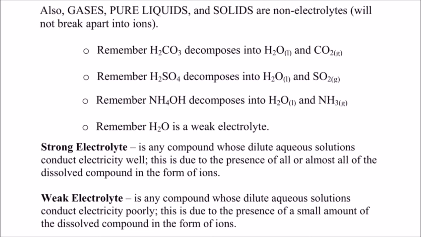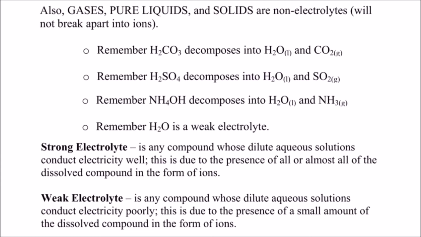And then these right here, remember when we did our predicting reactions, we had a couple of acids that I told you to watch out for because they'll decompose into secondary products. Remember those. If you have carbonic acid, it's going to decompose into a pure liquid, water, and a gas. So you don't really get any ions from that, so it is not going to be a strong acid.